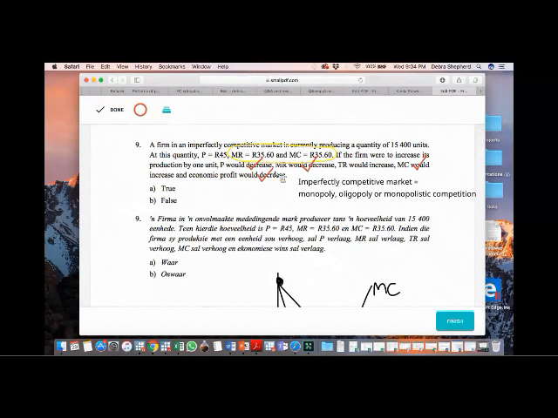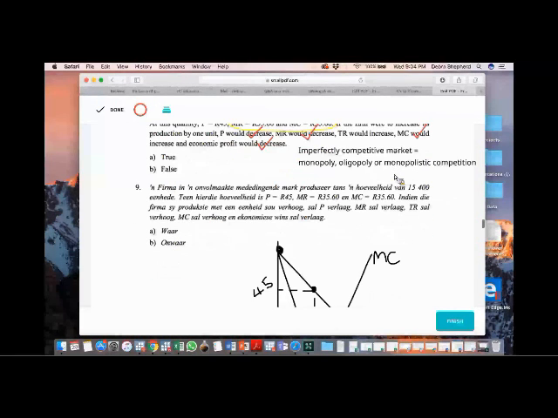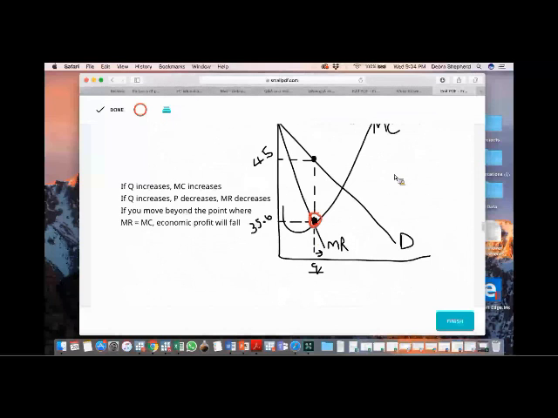So the last one, would TR increase? This is the trickiest one of the lot. So what we know about total revenue is that total revenue is related to the demand curve, and total revenue is also related to elasticity.